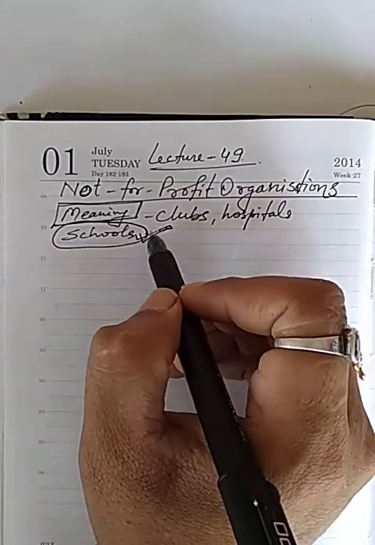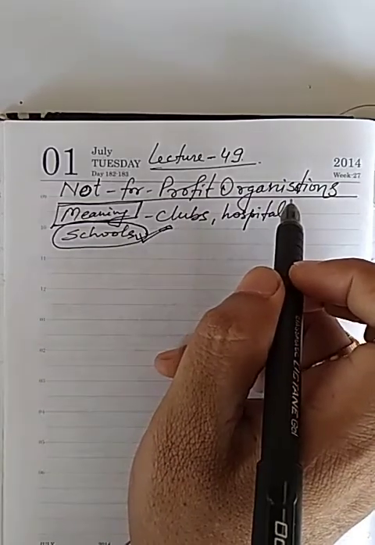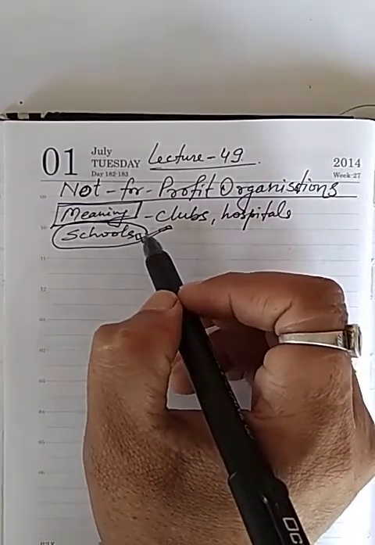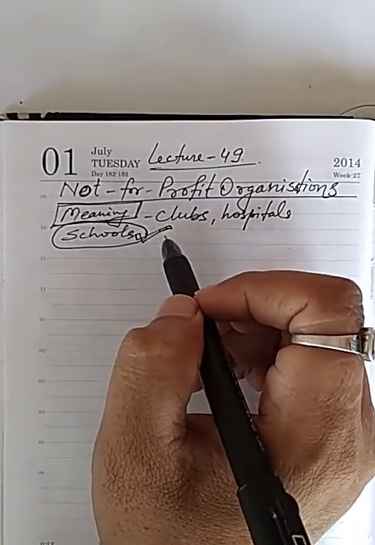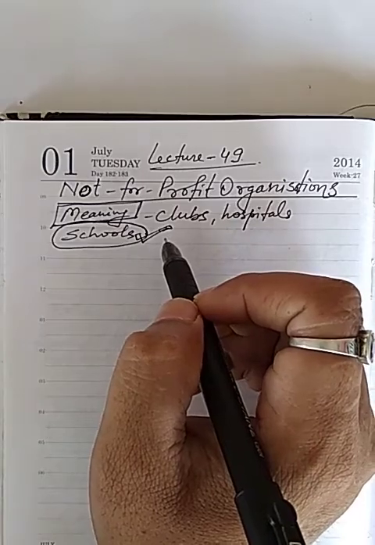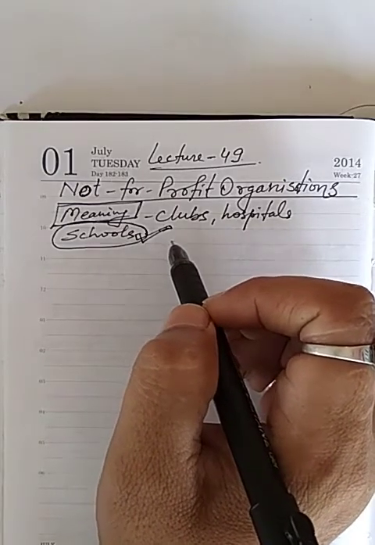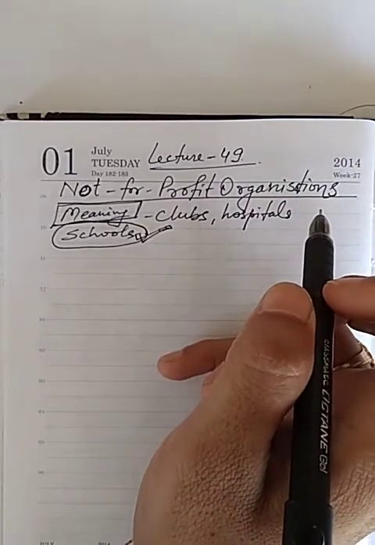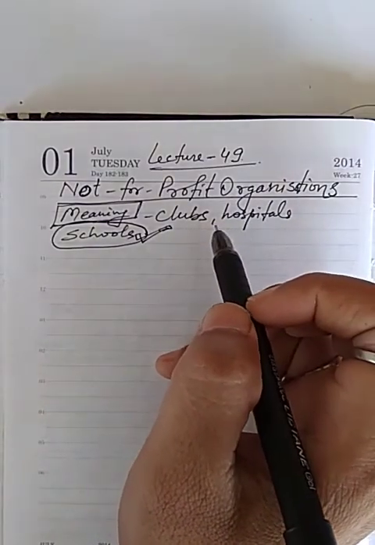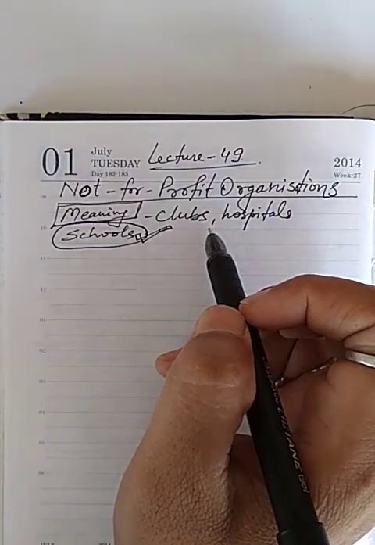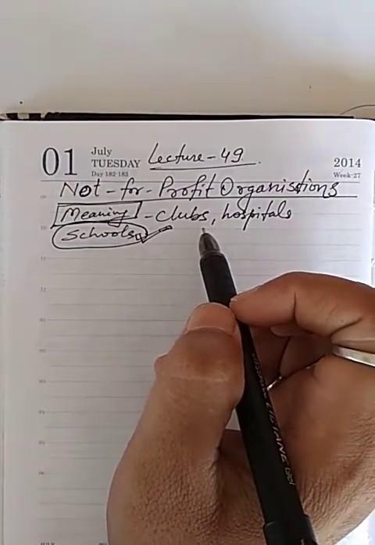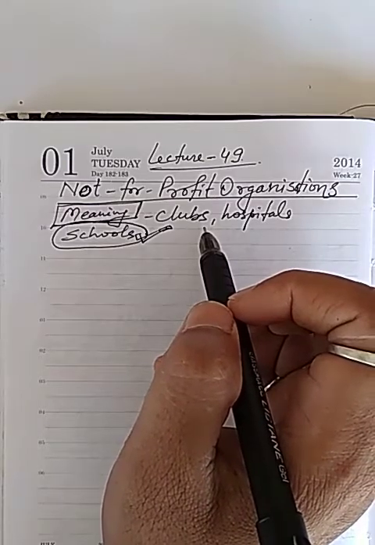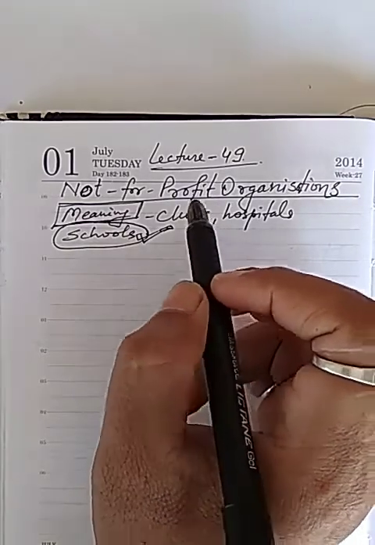It is a not for profit organization. For example, we can say our DAV school is running as a not for profit organization. Its main motive is not to earn profit but to render services.